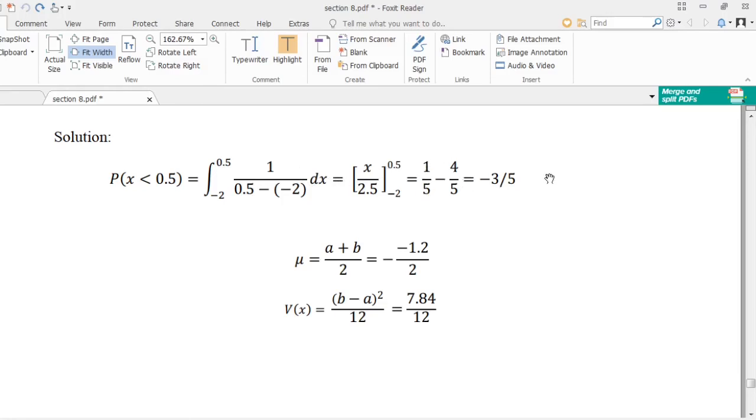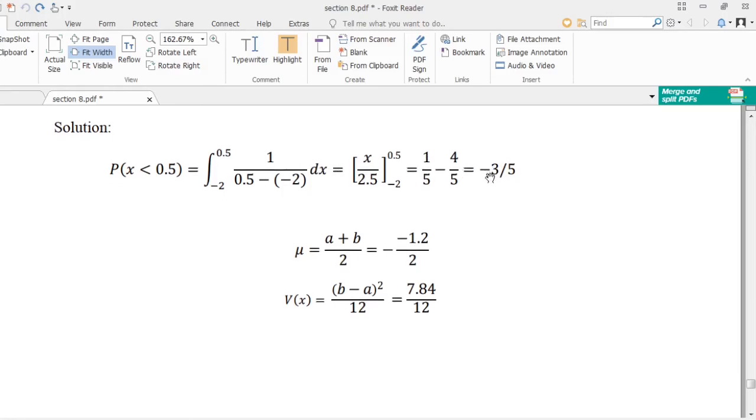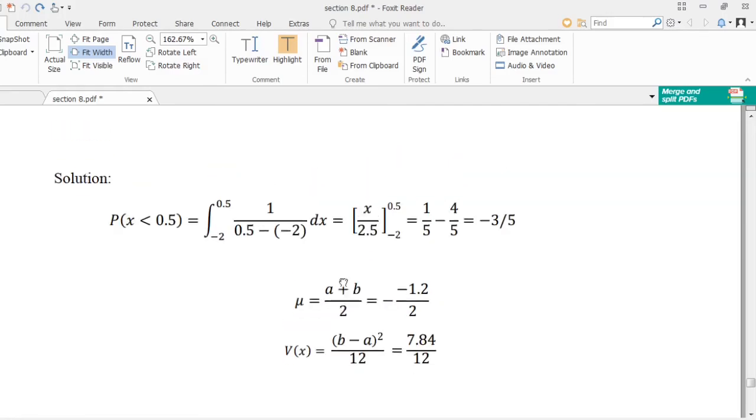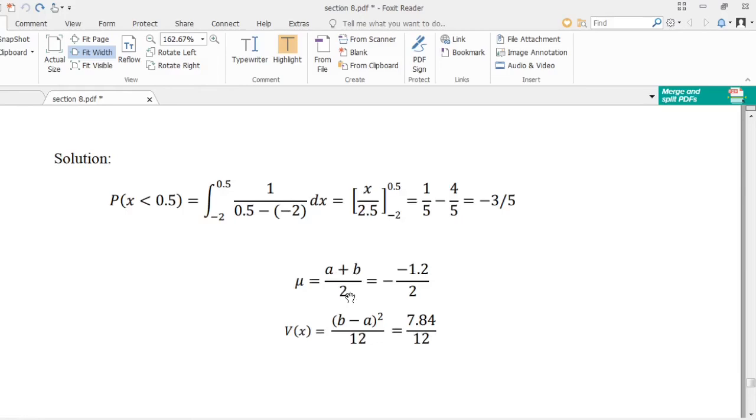You will get the result, which is 3 over 5. For mu, we'll substitute the rule, a plus b over 2, and you get this. For the variance, here is b minus a, and as a is negative, it will be added, and then you do the square, so you have 7.84 over 12.